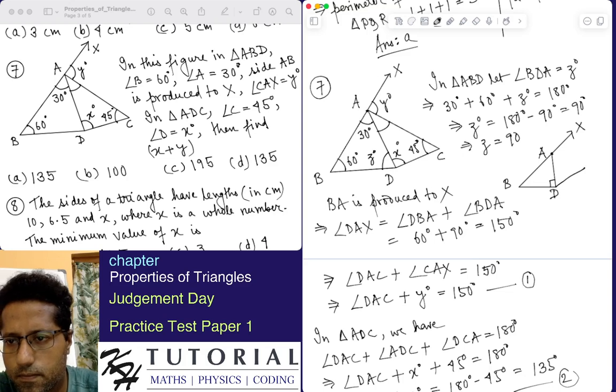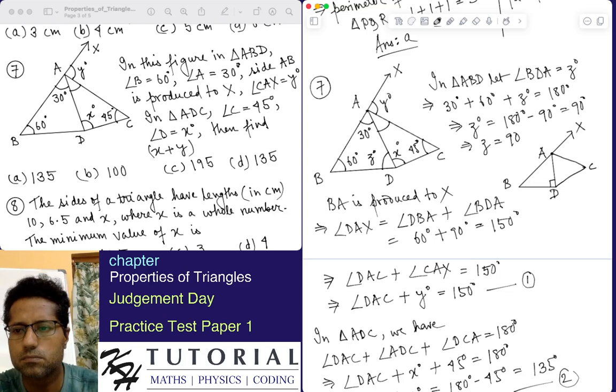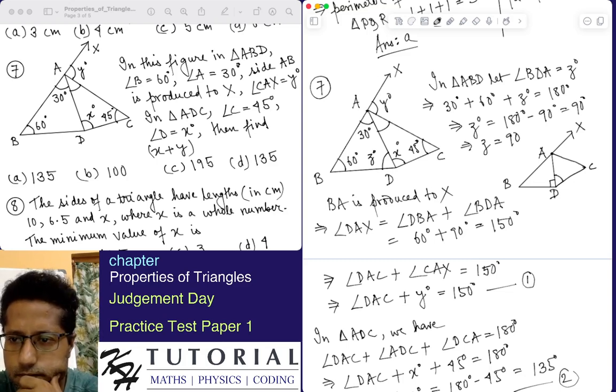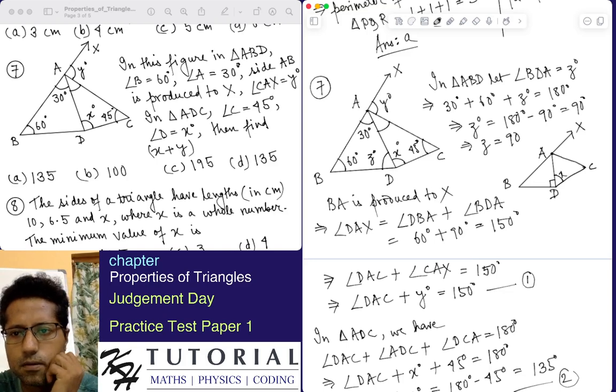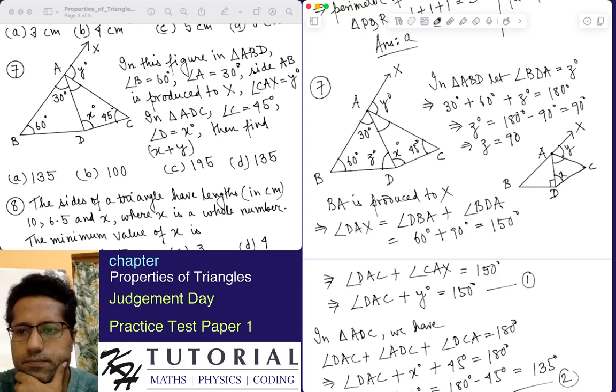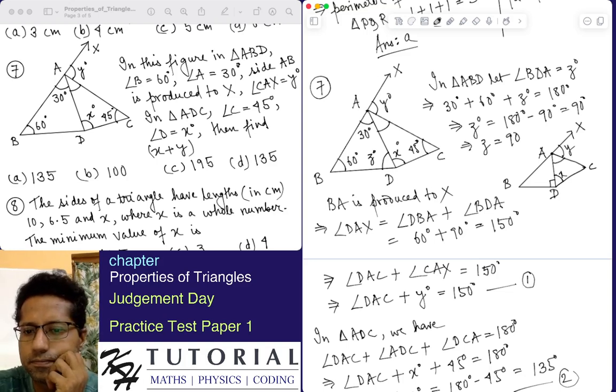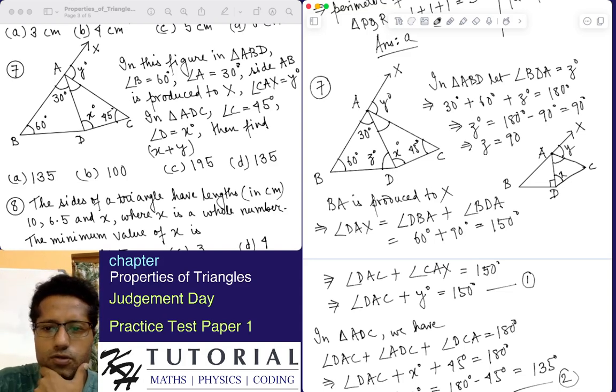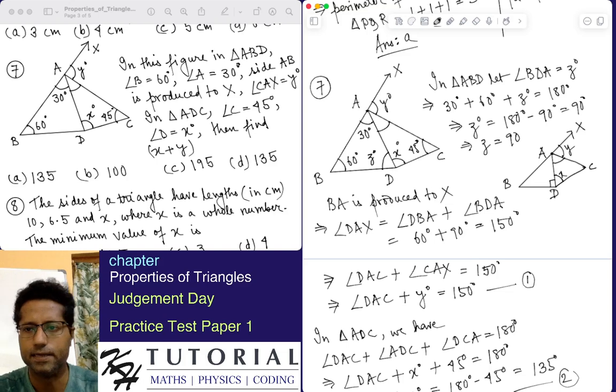Okay, so this is AC. So this is X and this is Y. We don't know this angle. Let this be Z. No, Z we have already assumed, which we have found to be 90.